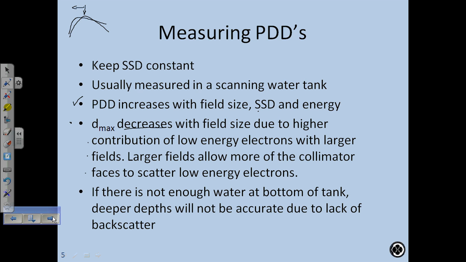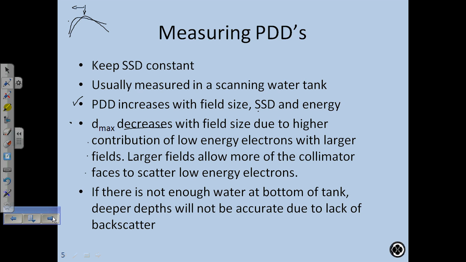I'm creating more area for the photons to scatter, and so a higher component of low energy photons. Those low energy photons deposit more of their dose superficially and don't penetrate as much. So that's why a larger field size makes Dmax shallower.